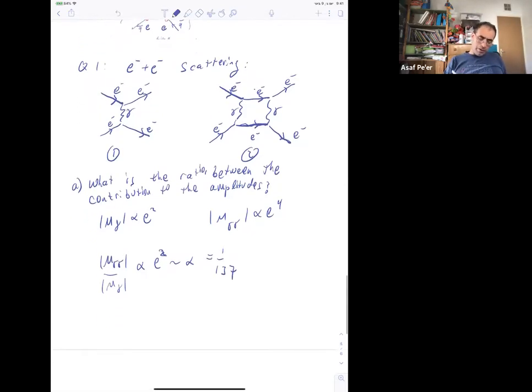So what is the ratio between the probabilities of these processes to occur?